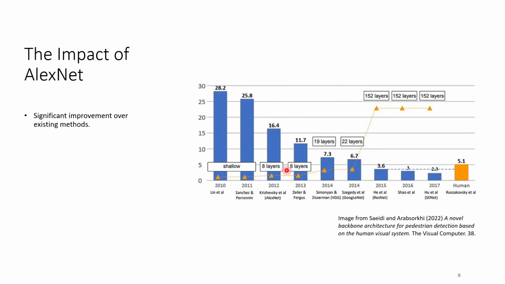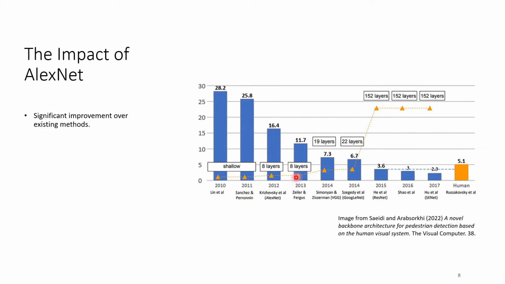Then 1 year later, this is another version of AlexNet, where they adjust the number of channels, the width, and the height, and found that after tuning those hyperparameters, they can get better performance. So from 16.4, the error rate reduced to 11.7.